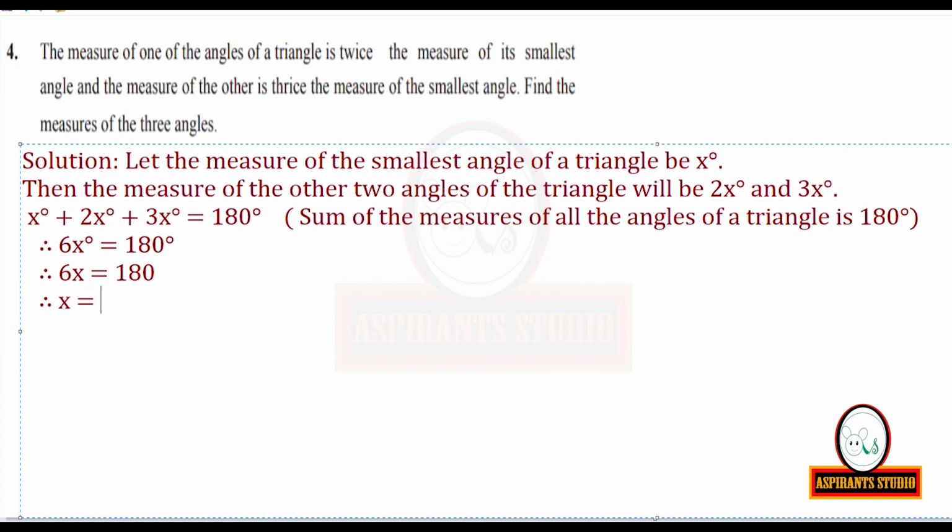Now bring 6 to the other side. Here x will remain on the left hand side, and on the right hand side 180 is already there. Then we are taking 6 to the other side of the equal to sign. 6 multiplied by x, so multiplication will become division when you are taking to the other side of the equal to sign.